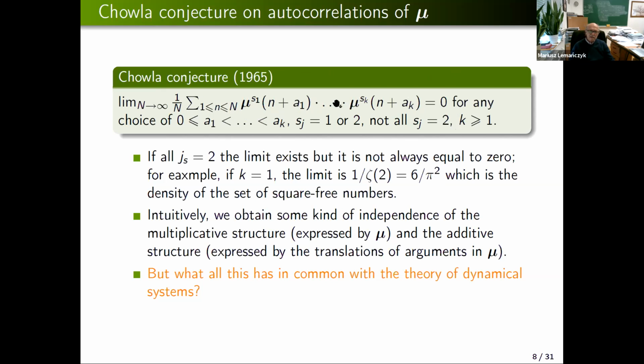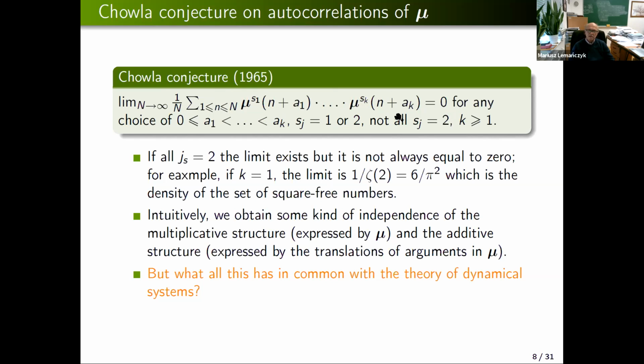You may wonder why there are the powers here. You see s1, ..., sk. These are numbers which are either 1 or 2. Because the values of the Mobius function are +1, -1, and 0, the only thing we care about is that you can put any natural number here as the power, but the only thing which matters is whether it is even or odd. If you put even numbers everywhere, then of course we cannot expect that this value is equal to 0, because then we have sequences of zeros and ones.